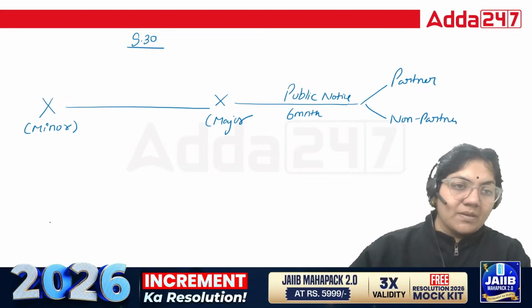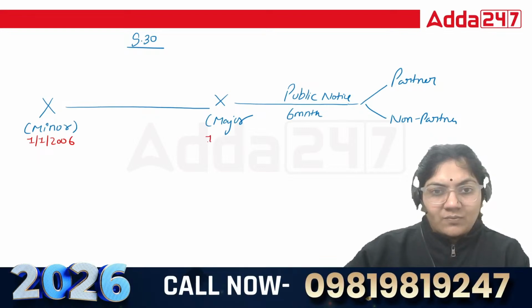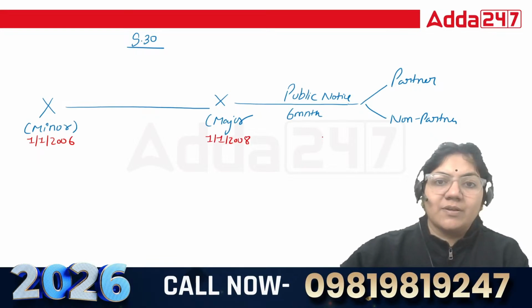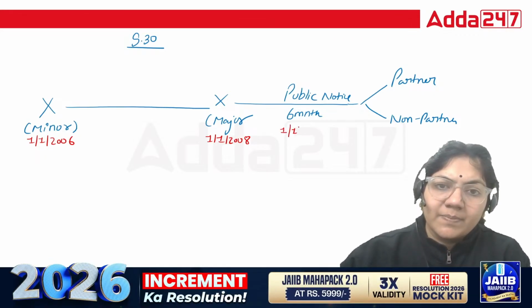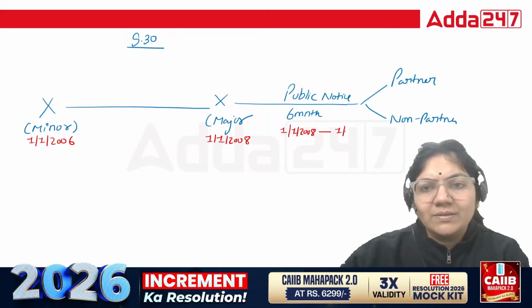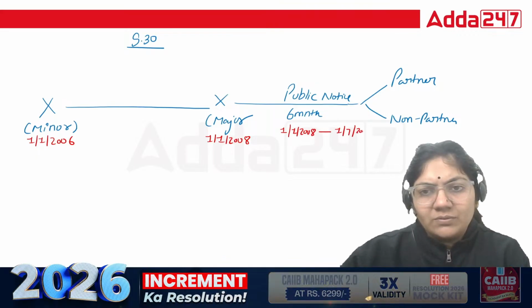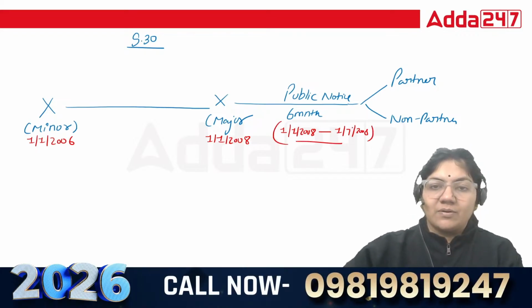Suppose on 1st January 2006 he was a minor, and on 1 January 2008 he becomes a major. So from 1 January 2008 to 1 July 2008 he has time to declare whether he wants to become a partner or not.